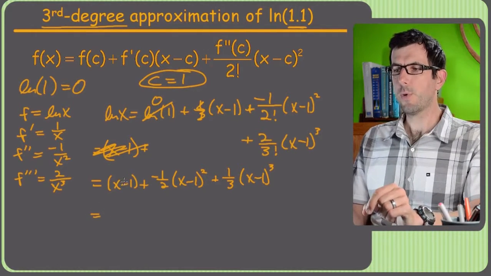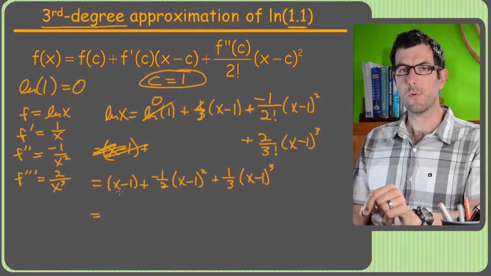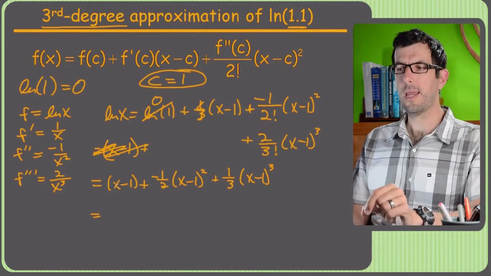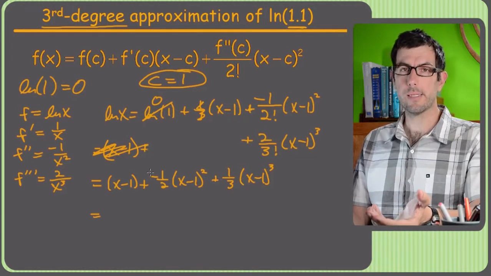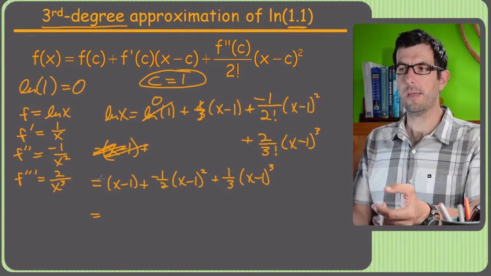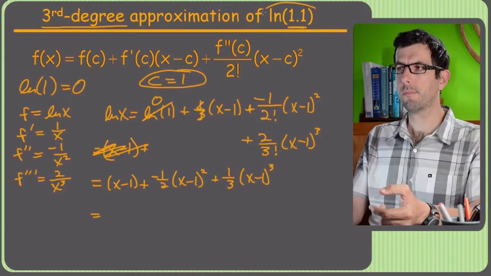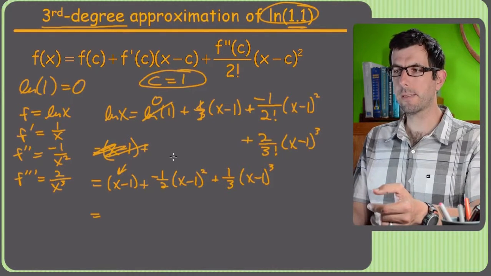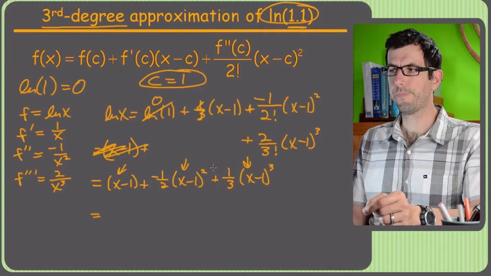All right, so x minus 1, now what is x? Well, at this point, anything I want to plug into x, I can plug in, and that's going to be approximating the natural log of that same number. So if I want to find the ln of 1.1, I just need to plug in 1.1 for x.